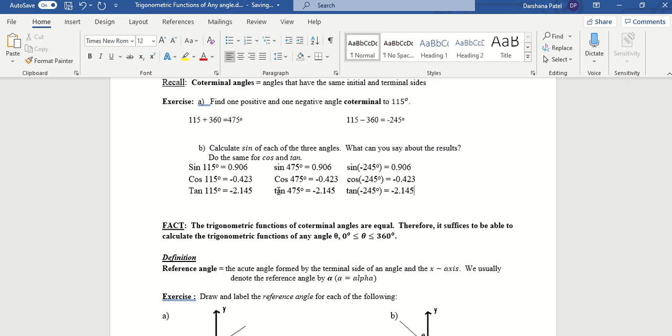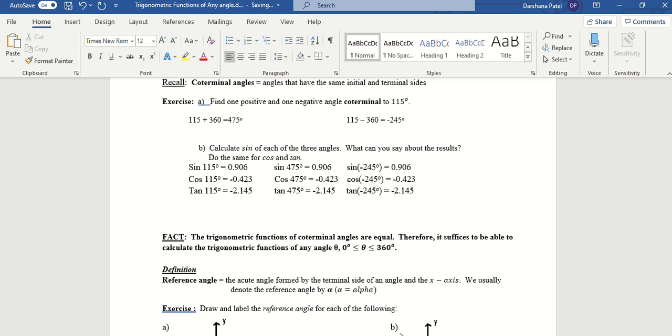So what we can say about these results is, no matter what coterminal angle we have, the value will be the same. The value of sine theta, cos theta or tan theta will be the same for coterminal angles.